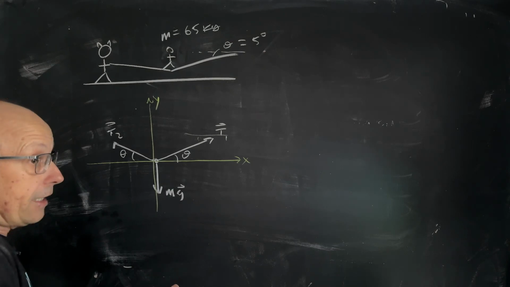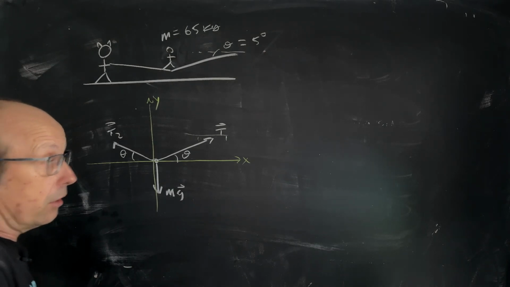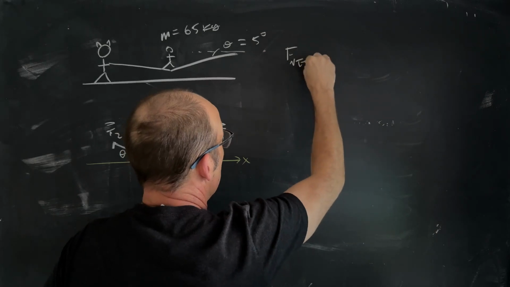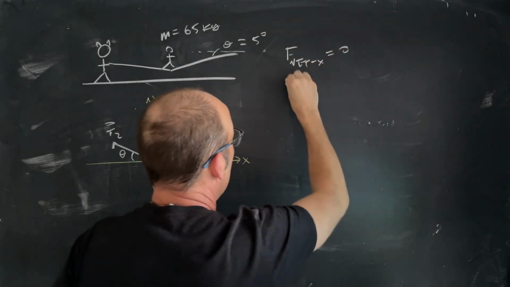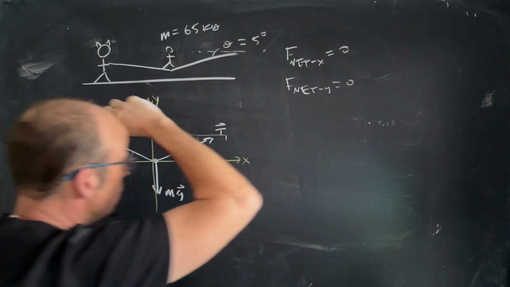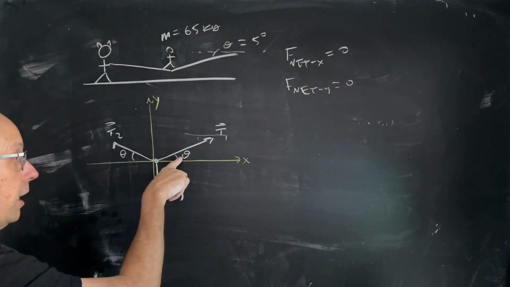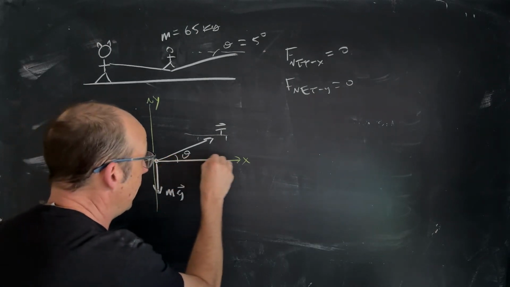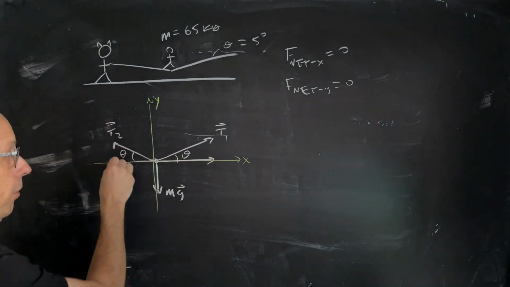Once I draw my x and y axis, I can go ahead and write down Newton's second law, which says that the net force in the x direction is equal to 0, and the net force in the y direction is equal to 0. So let's do the x direction first. Here, this does not exert any forces in the x direction, it's only in the y direction. But I have an x component for that one and an x component for that one.